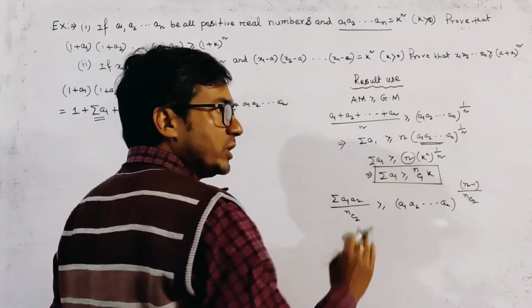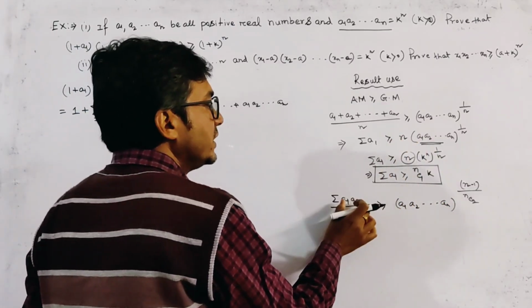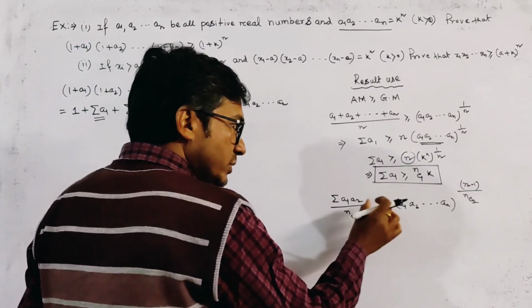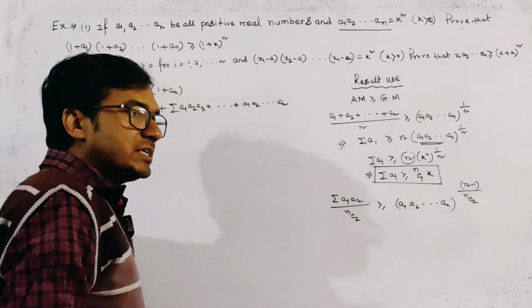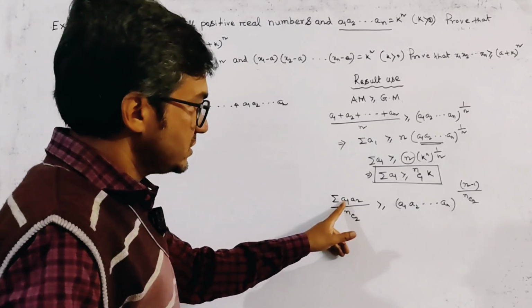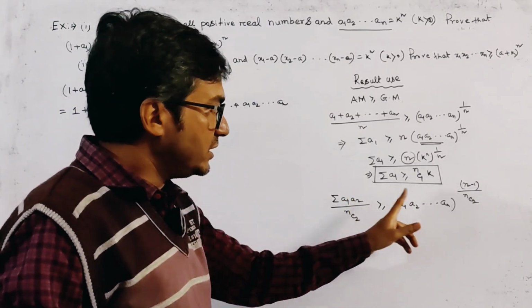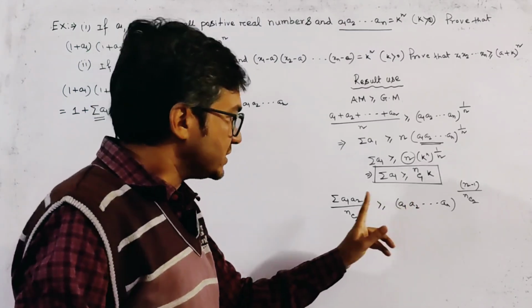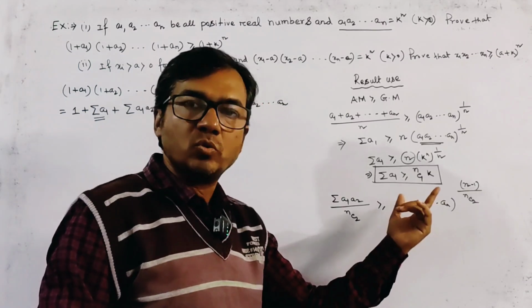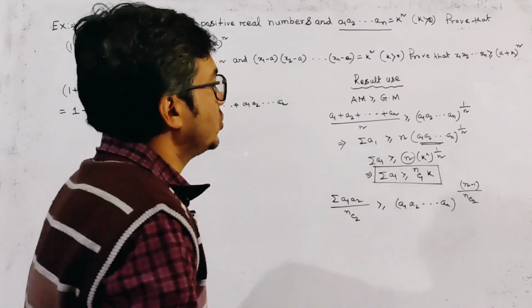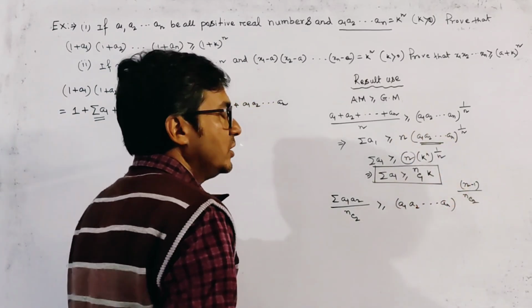How do we get n minus 1 as this power? Because when we take this type of term and multiply all of them, it is easily clear that a1 appears in the product n minus 1 times, a2 appears in this product n minus 1 times, and similarly all the terms appear in this product n minus 1 times. So we take here the power n minus 1.